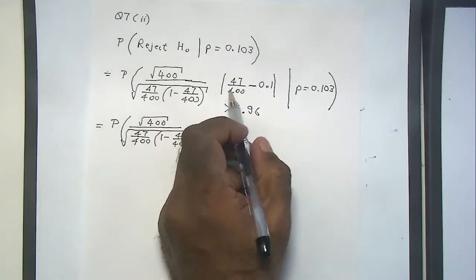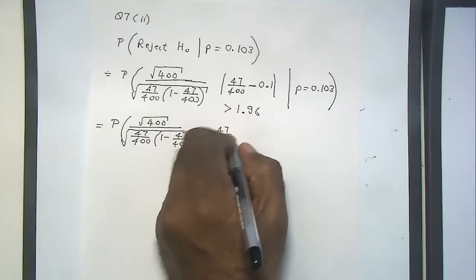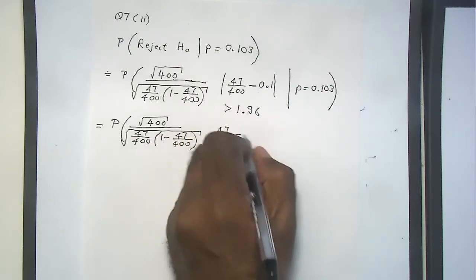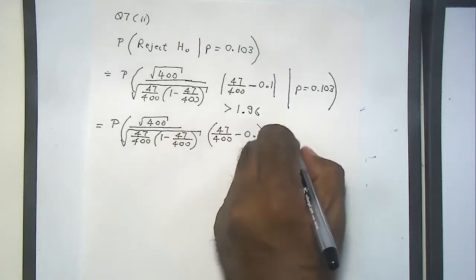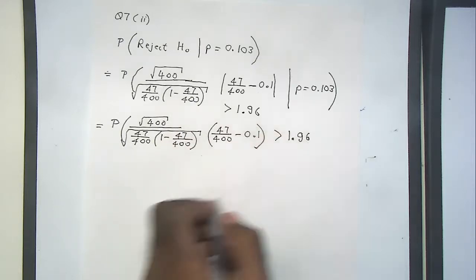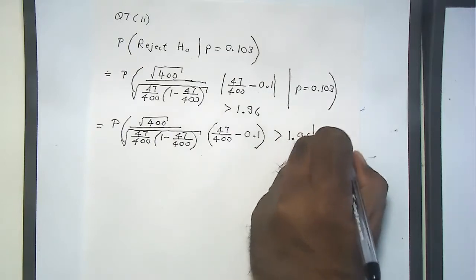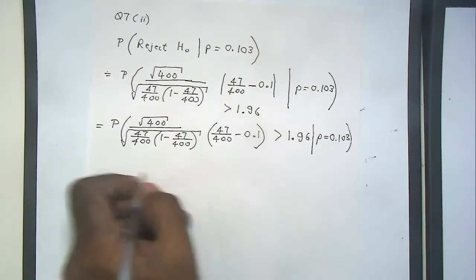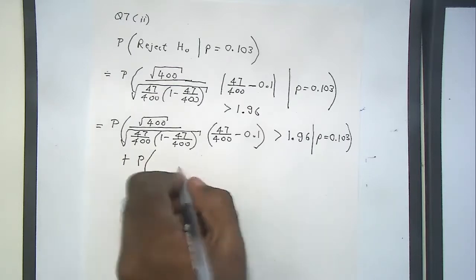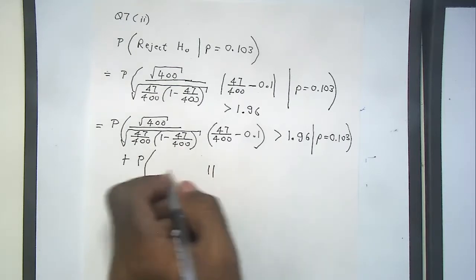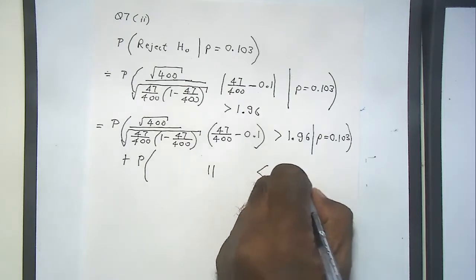The first thing you must do is to remove the absolute sign. So it's 47 minus 400. Okay, it's either greater than 1.96, right? Or the whole thing is less than minus 1.96.